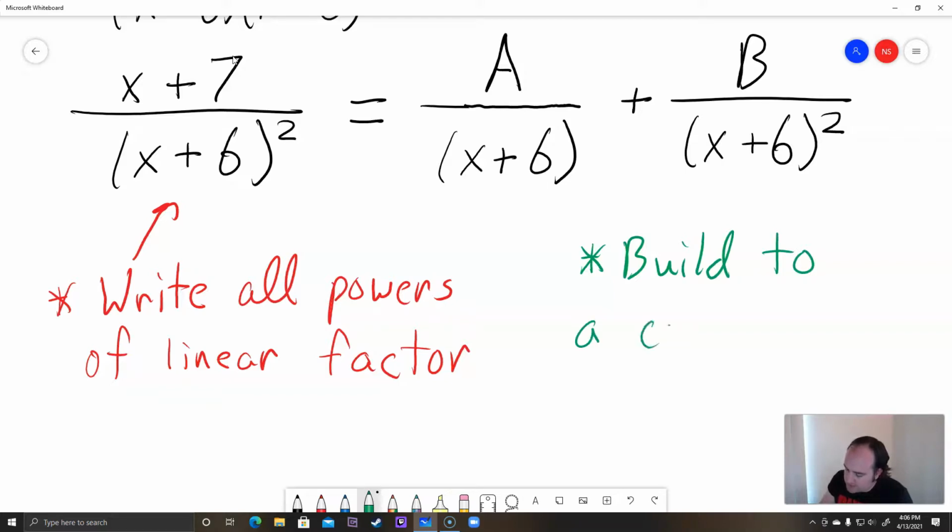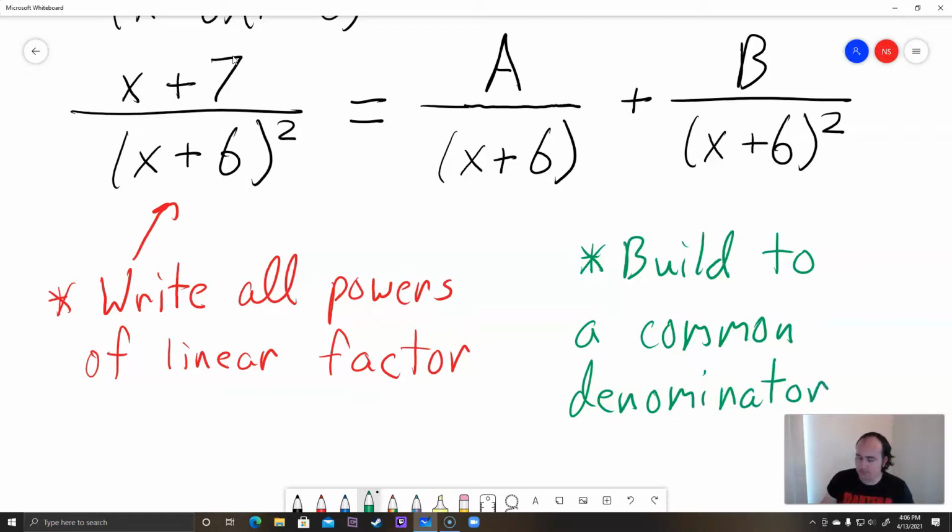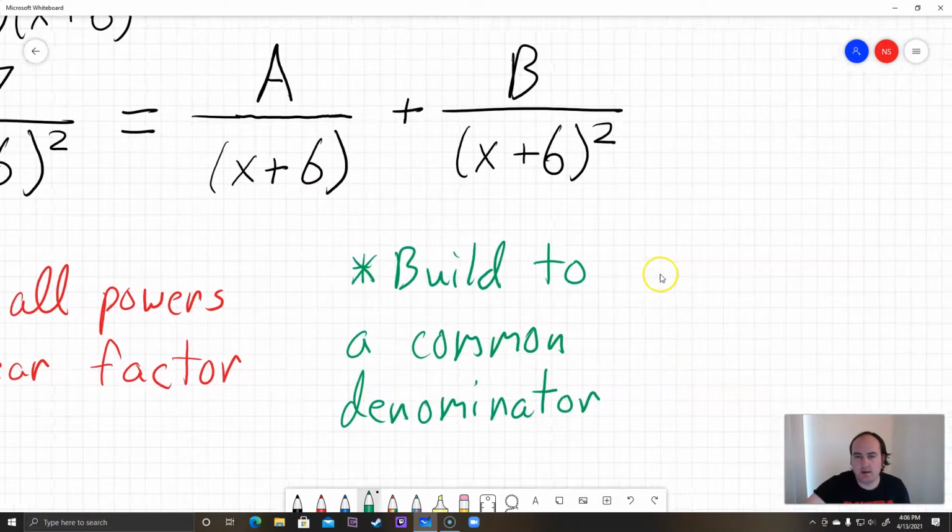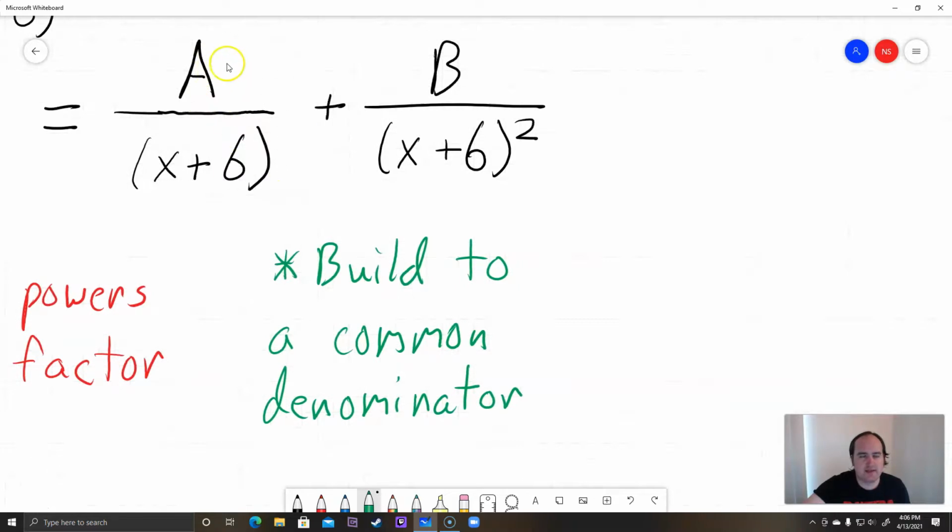Remember, LCD is the least common denominator. We can see that the LCD here is going to be x plus 6 quantity squared. So we go ahead and multiply on the right side by x plus 6 for this first fraction. Actually, let me do it in green. We're going to multiply this first fraction by x plus 6 on the top and the bottom.